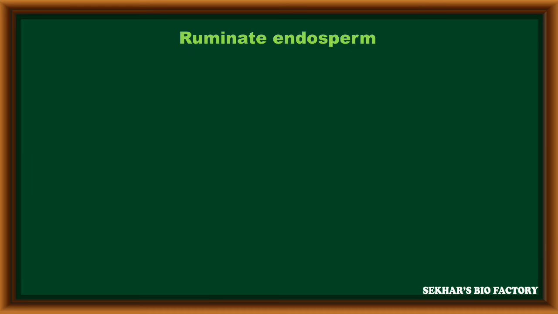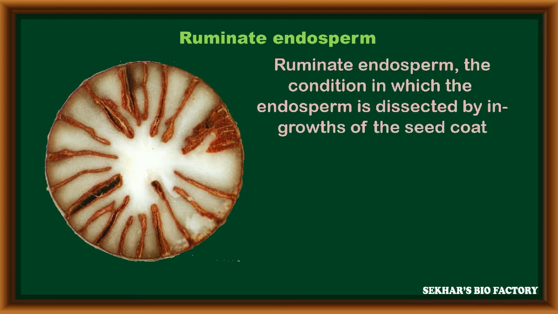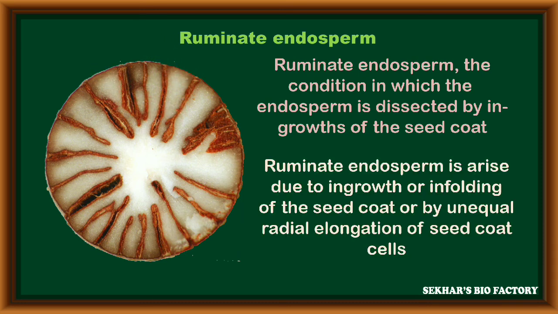One most important type of endosperm is the ruminate endosperm. Ruminate endosperm is the condition in which the endosperm present in a seed is dissected by inner growths of the seed coat. Ruminate endosperm arises due to ingrowth or infolding of the seed coat during seed development.